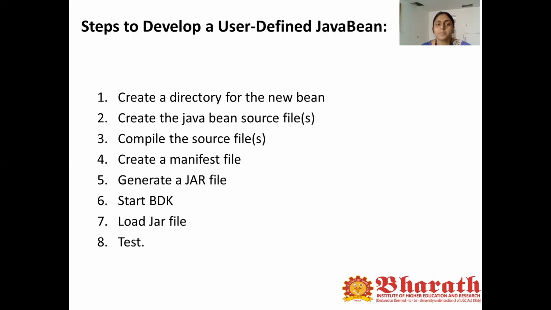The third step is to compile the source file, followed by creating a manifest file and then generating a jar file. Next we start the BDK, then load the jar file, and at last test the bean.